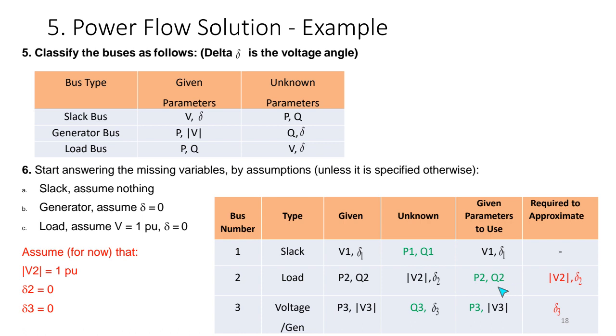For the load bus, we need to take the derivatives with respect to V2 and delta 2, which means partial derivatives of P2 versus delta 2 and Q2 versus V2. And bus 3 is a PV bus, so P3 and V3 are given, and in this case delta must be calculated. So we take partial derivatives again of P3 versus delta 3 and V3 versus delta 3.